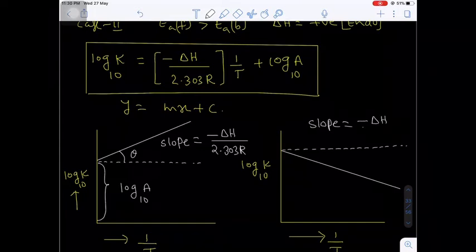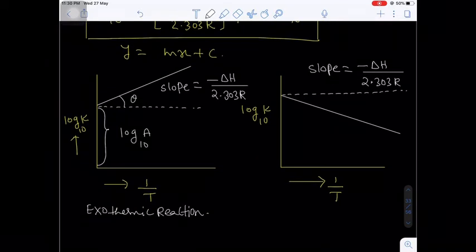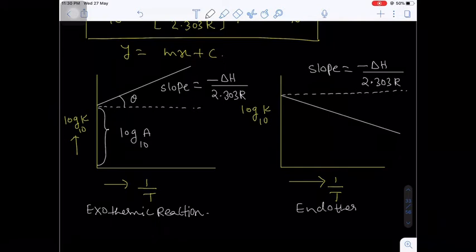Now here the slope will be equal to minus delta H by 2.303 capital R. If ln K is taken on the y-axis, then the slope becomes minus delta H by capital R only. This is very important. 2.303 is not considered. This reaction is an endothermic reaction.